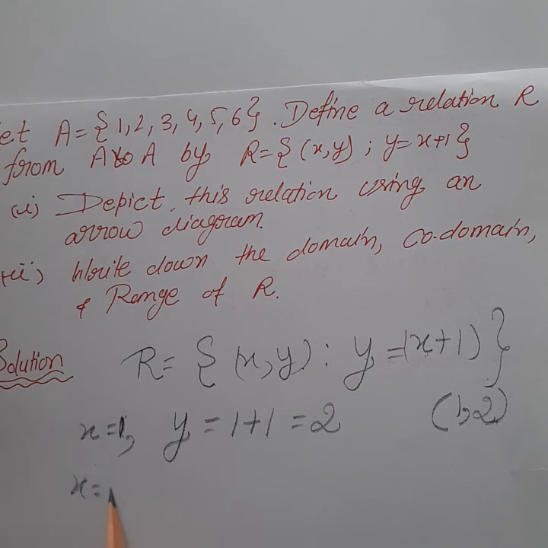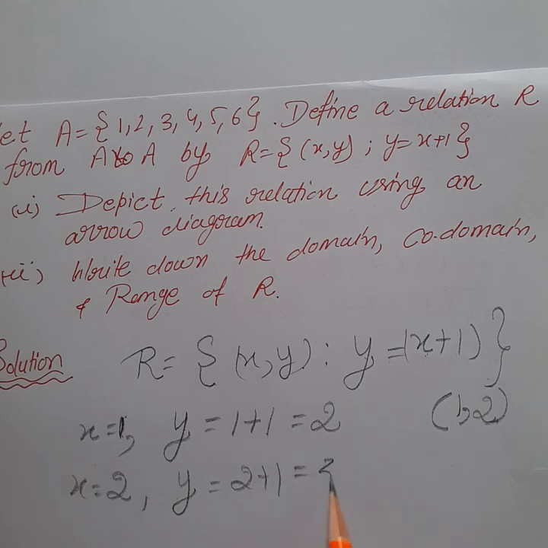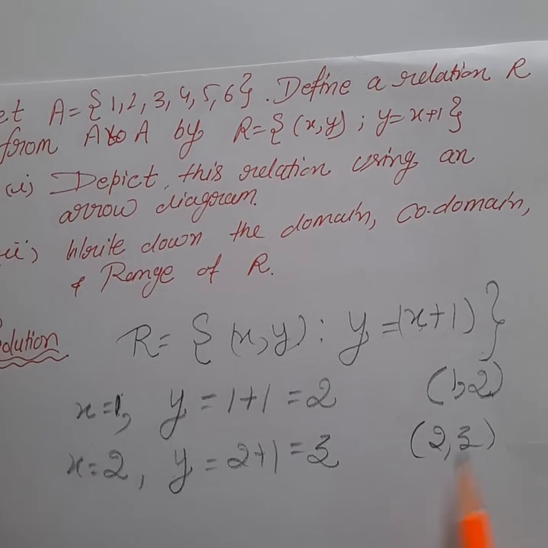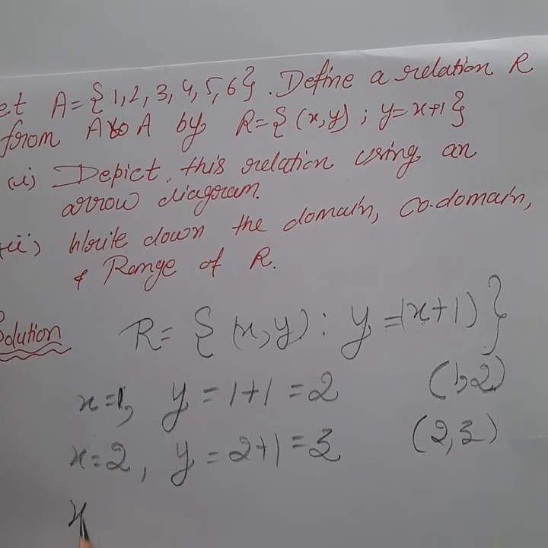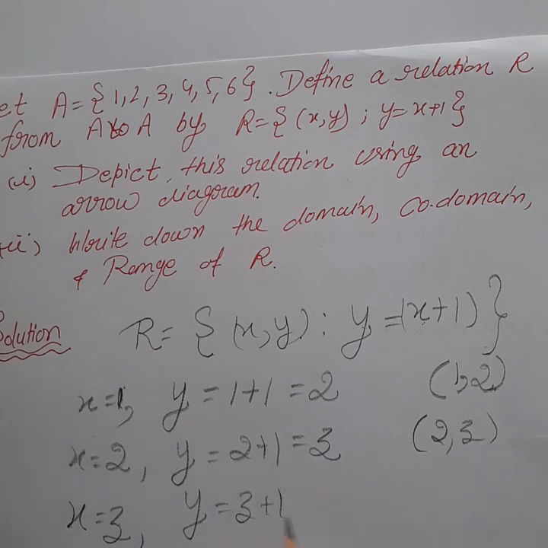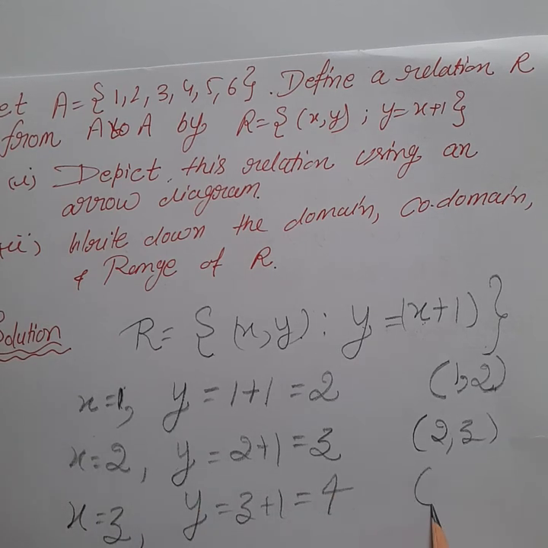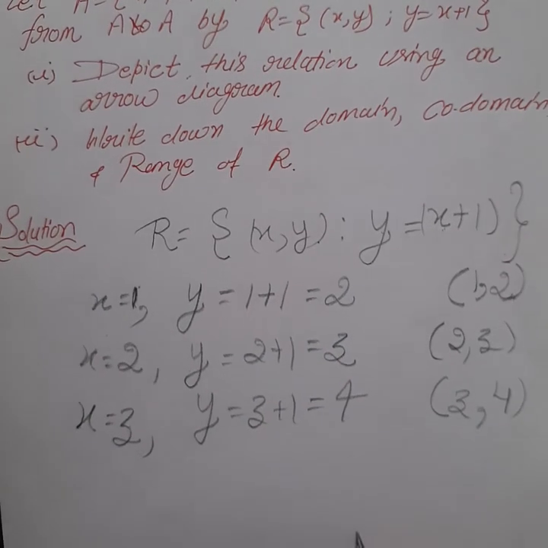For the second pair, we put x = 2 and we get y = 3, so we get (2, 3). For the third pair, we put x = 3 and we get 3 + 1 = 4, so we get (3, 4).